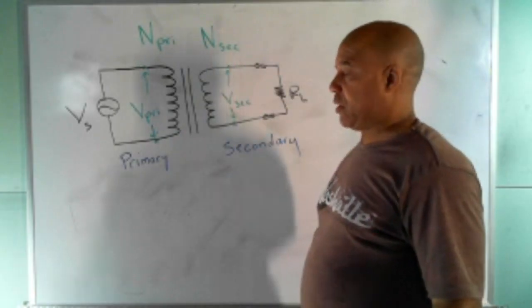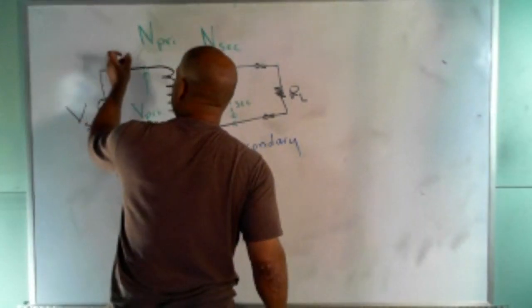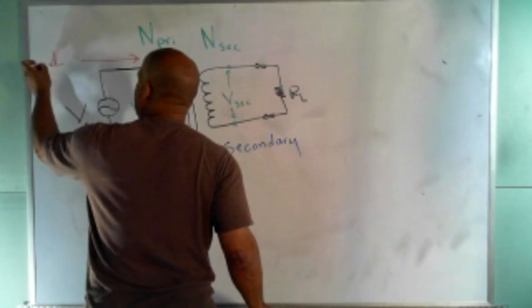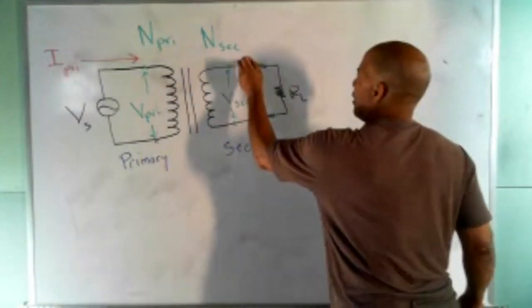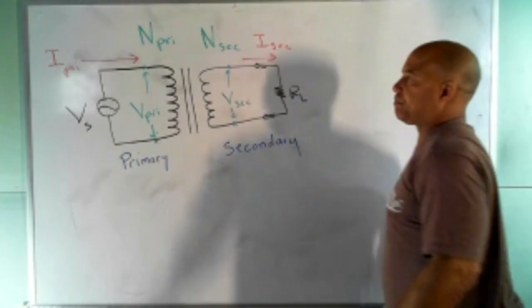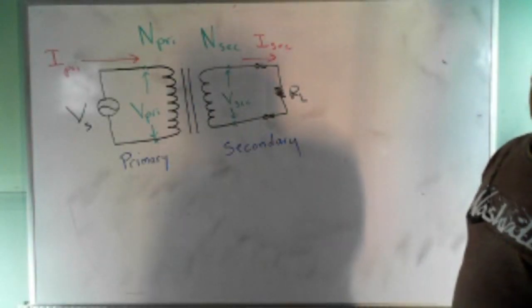Those are important. And then one more, we got the current in this coil. We call that I pri. We got the current in this coil. We call that I sec. So there's your full schematic for a transformer.